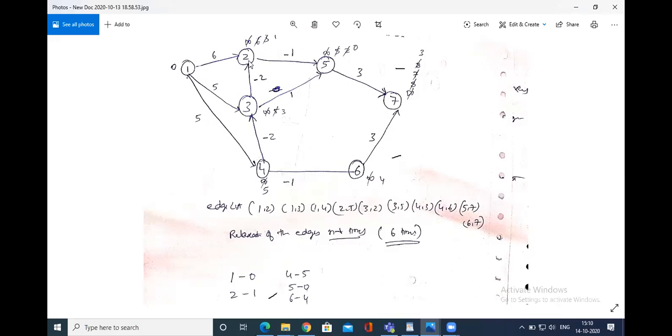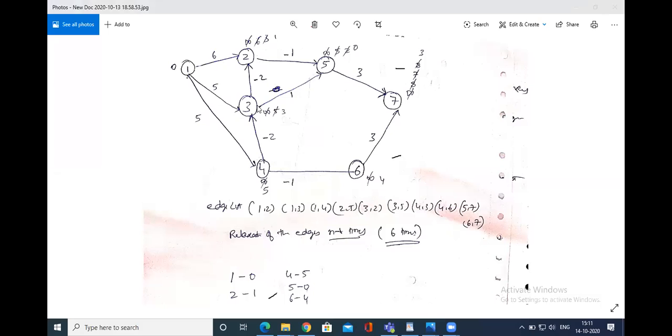What is the cost between u and v? It is 6. Is 0 plus 6 less than d of v? What is d of v? It is infinity here. Is 6 less than infinity? Yes. So it will be replaced with 6 for the first relaxation. Clear? Similarly, you have to do relaxation for all the 10 edges, till 6 to 7, for the first relaxation.